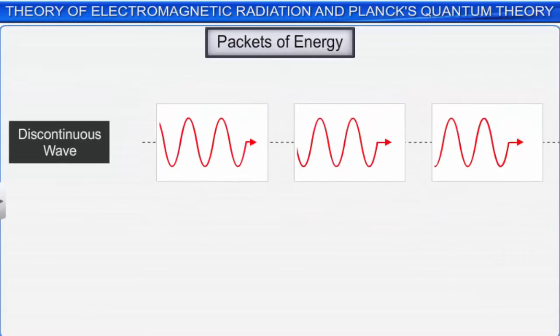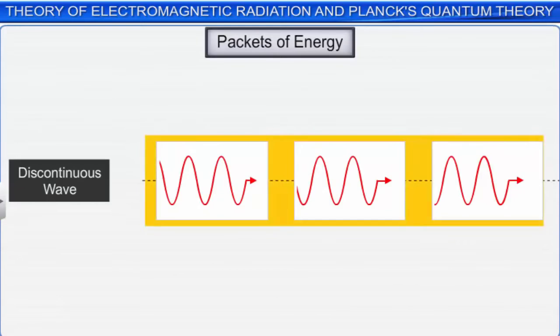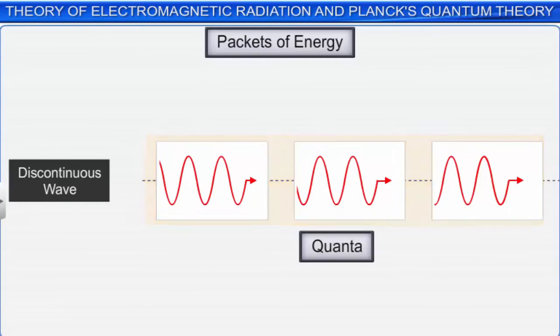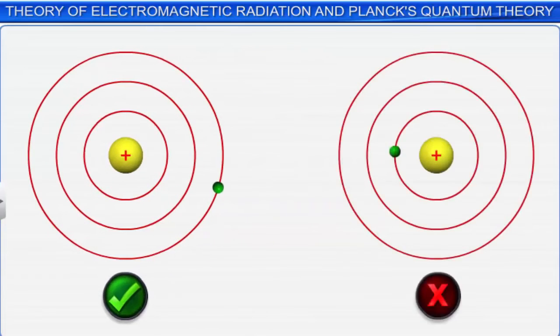Planck called these discrete packets quanta. A quantum is the smallest quantity of energy absorbed or emitted in the form of electromagnetic radiation. This means that the light radiation absorbed or emitted by atoms or molecules comprises a stream of quanta.